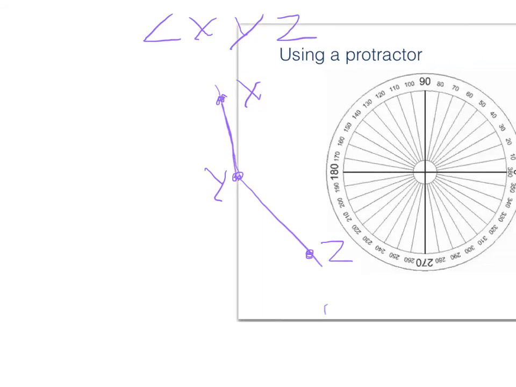I know it looks like scribbles, but just bear with me on that one. I have X, Y, and Z. I want to find the measure of angle X, Y, Z. Let me bring my protractor back over.